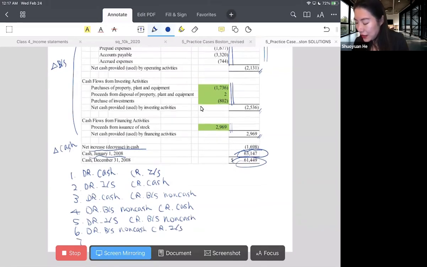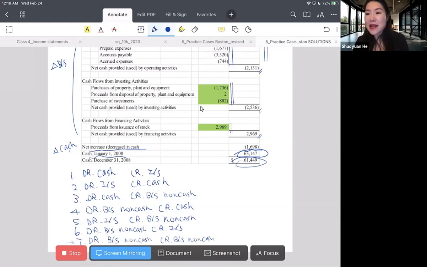And then the last one is that you debit a balance sheet non-cash account and credit a balance sheet non-cash account. So here we're just supposing there's no transaction 7. So there's no transaction that involves debiting a balance sheet non-cash account and crediting another balance sheet non-cash account.